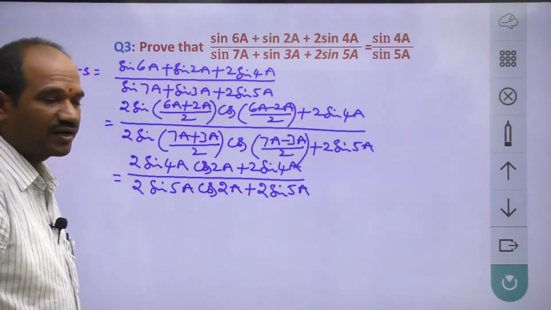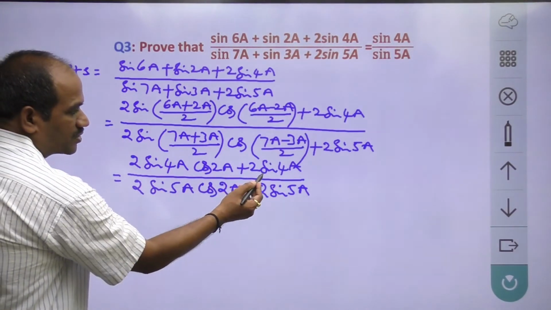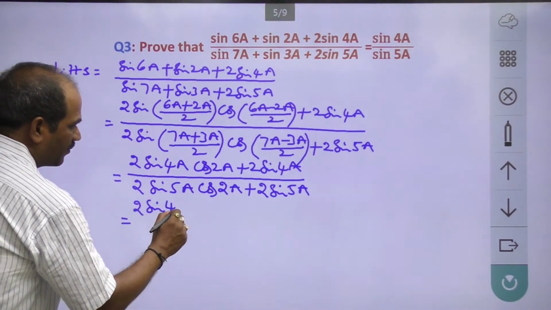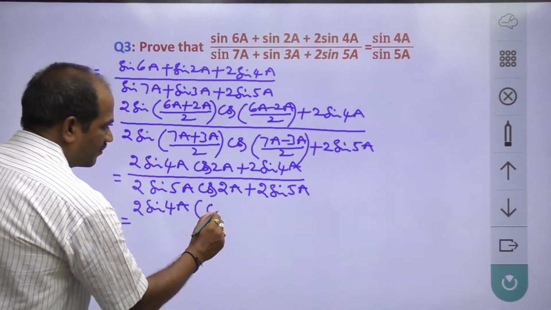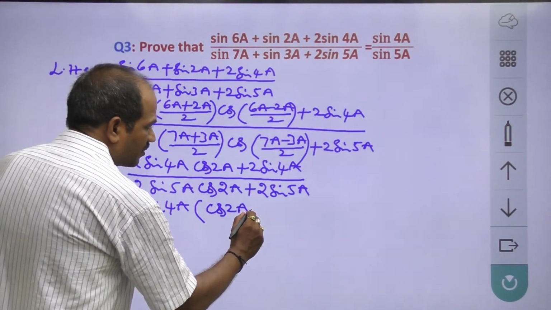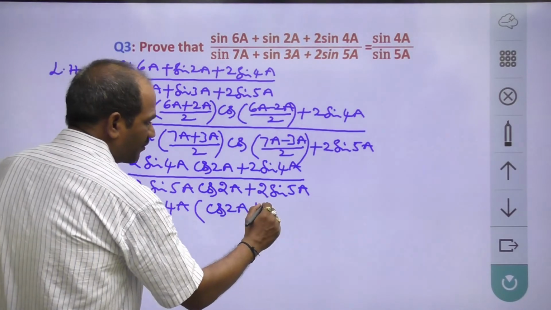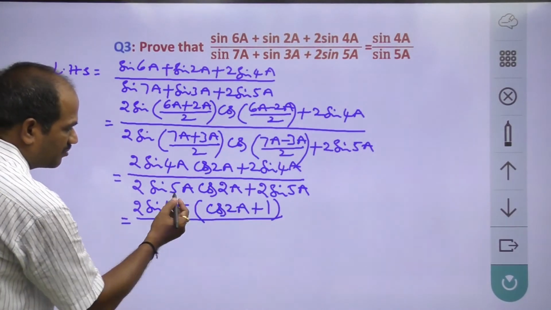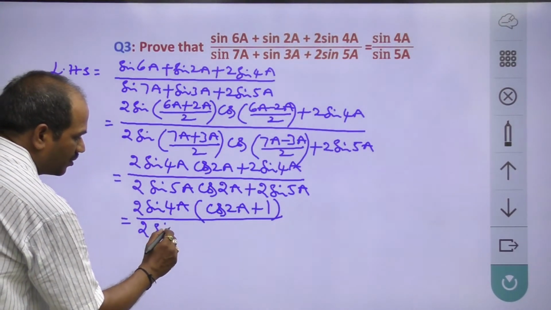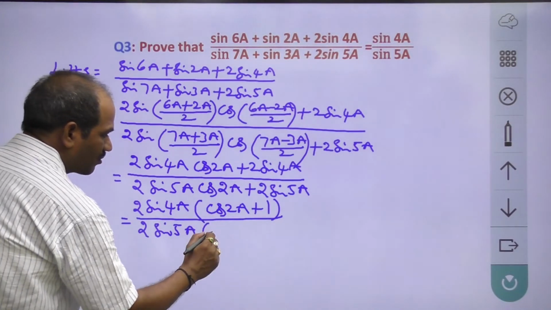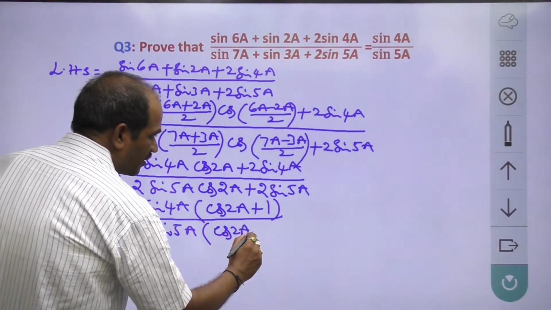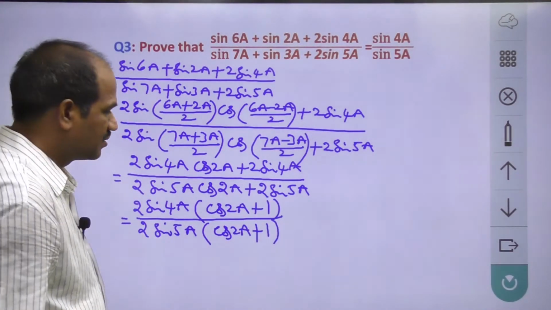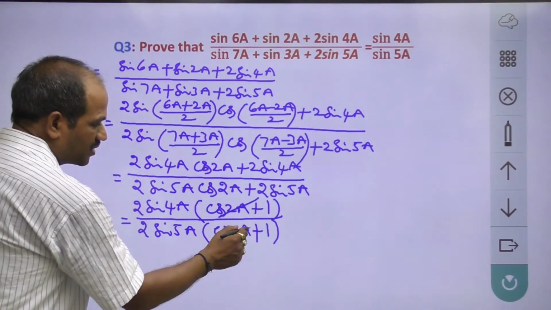See here in this data, 2 sin 4a is common, so that is 2 into sine of 4a common. Next, the remaining terms: cos of 2a plus 1, whole by the denominator, where 2 sin 5a is common, cos of 2a plus 1. This cos 2a plus 1 gets cancelled.